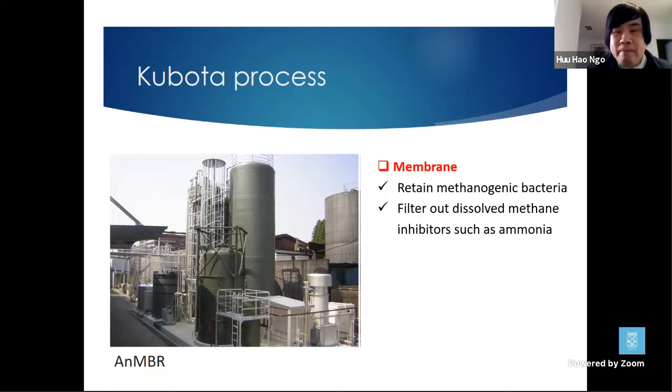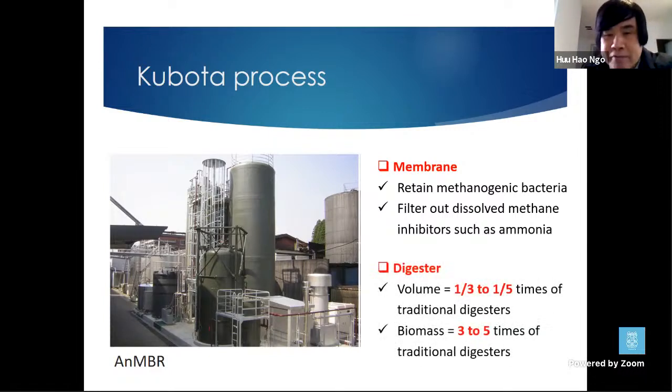That means they're very good in biogas production, because they have two good points. And then the digester. Normally the digester is, for example, 1 cubic meter, but for this one it becomes only 0.3 cubic meter, or 0.2 cubic meter or something like that.